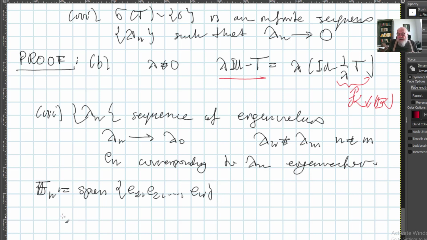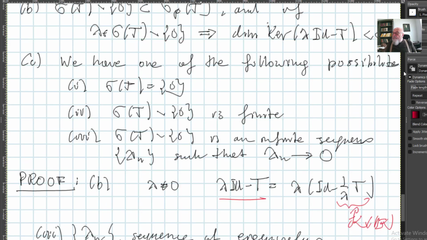Those are finite-dimensional subspaces, and notice that if I take T minus lambda n times identity, then this operator will take the subspace En into the smaller subspace En minus 1. Why? Because the last vector is an eigenvector for lambda n, so it will be nullified. So it goes to the smaller subspace.